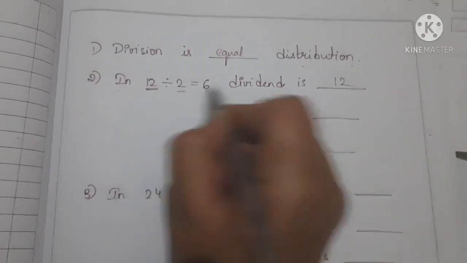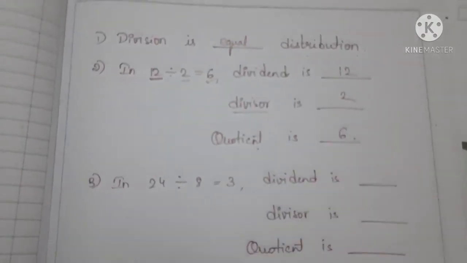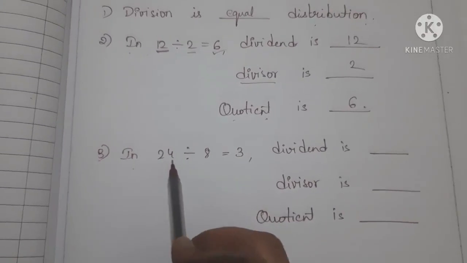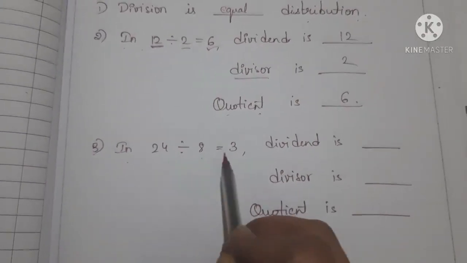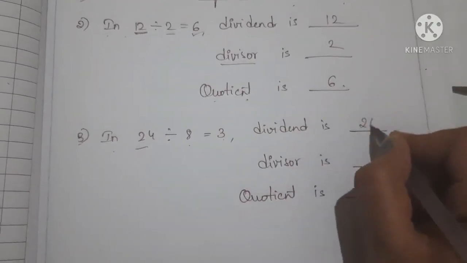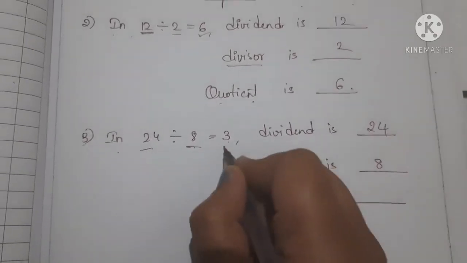Divisor is 2. Quotient is 6. Question 3, 24 divided by 8 is equal to 3. Dividend is 24. Divisor is 8. And quotient is 3.